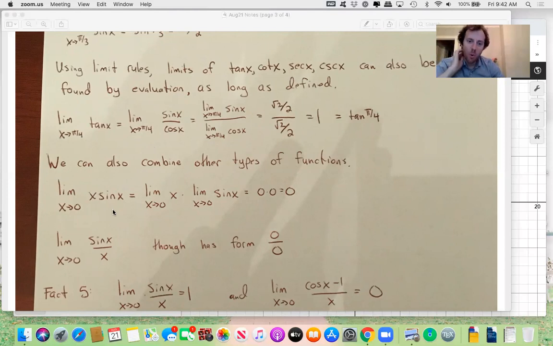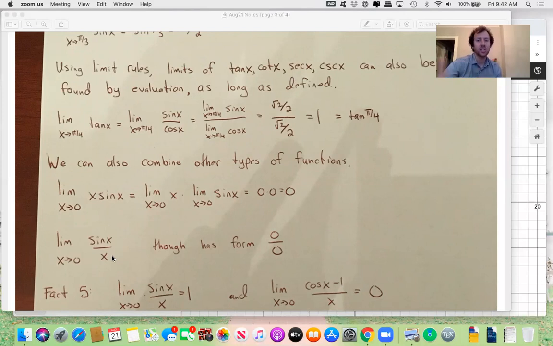Where things are more complicated is sine of x over x. In this case, if you put in x equals 0, we get an indeterminate form, 0 over 0. And so this is one where we don't really know what's going on. We know we have to do something, but what makes this more difficult is with sine of x over x, there's not really any algebra that we can do.